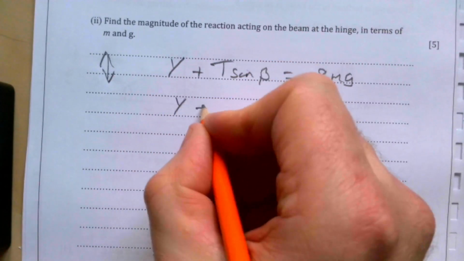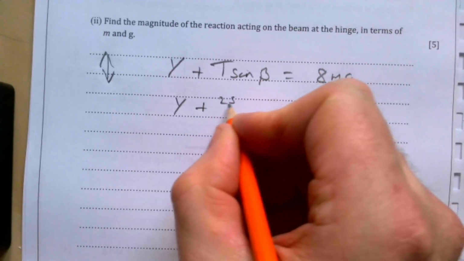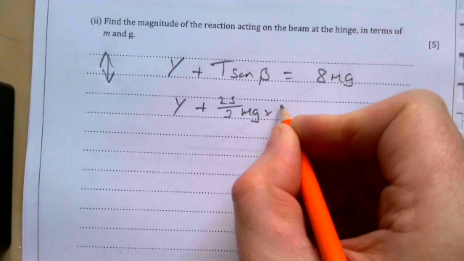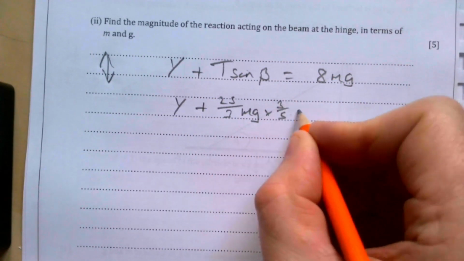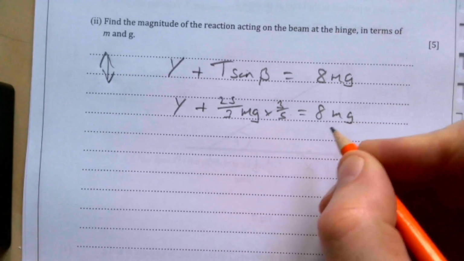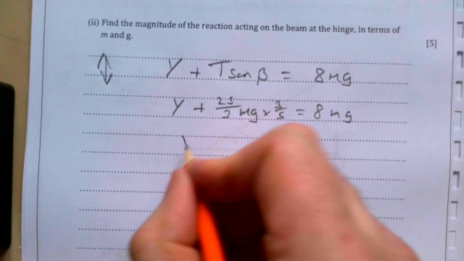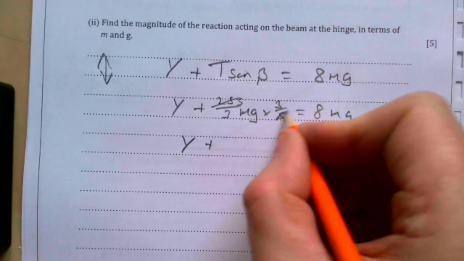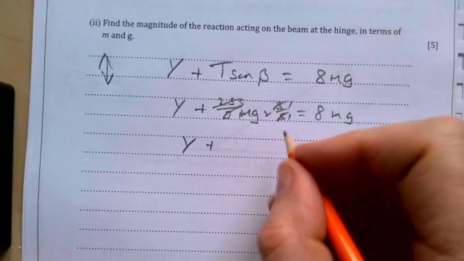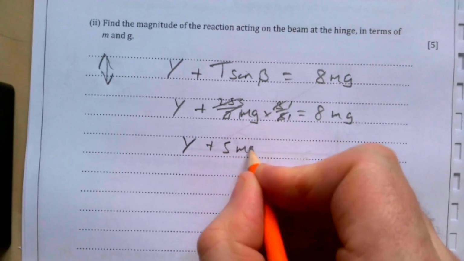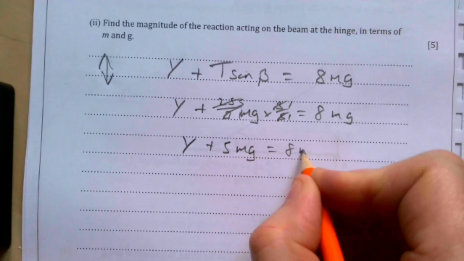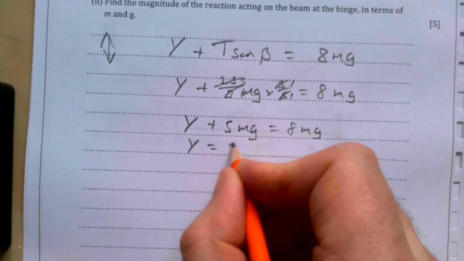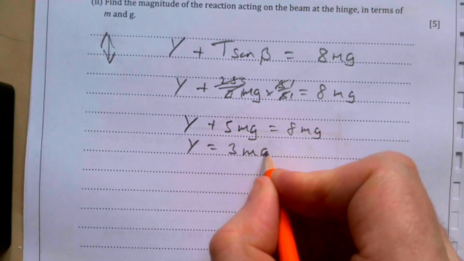So that's Y plus 25 over 3 mg times 3 over 5 equals 8mg. That's quite nice, that tidies up. Of course 25 goes 5 times, so I get 5mg, so Y plus 5mg equals 8mg. So in this case I get Y is 3mg.